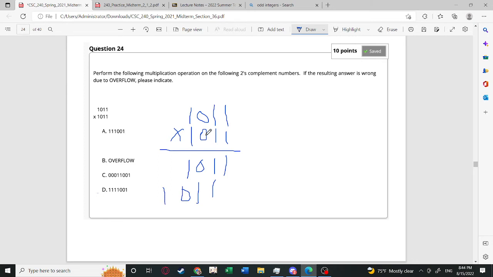So this one is 0, 0, 0, 0, and then we have 1, 1, 0, and then 1.